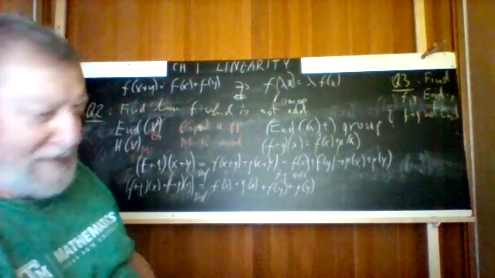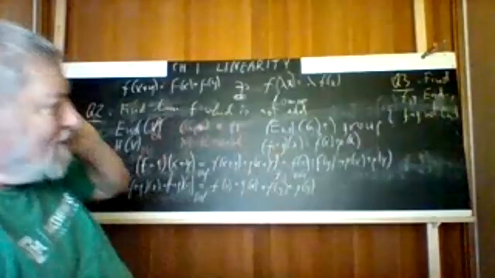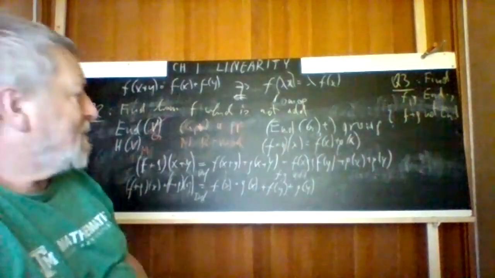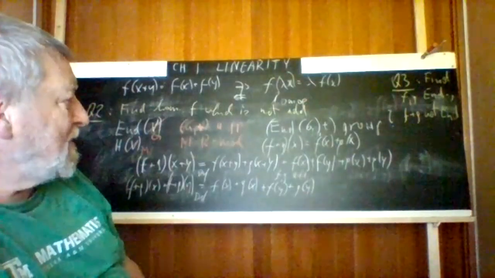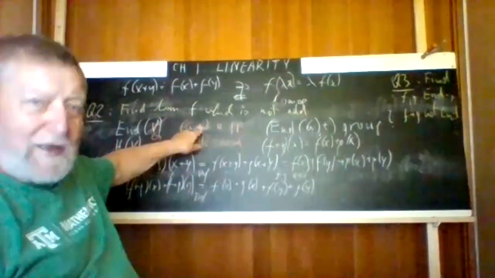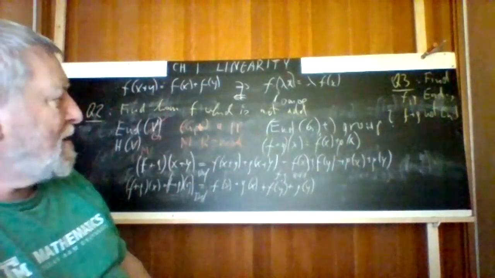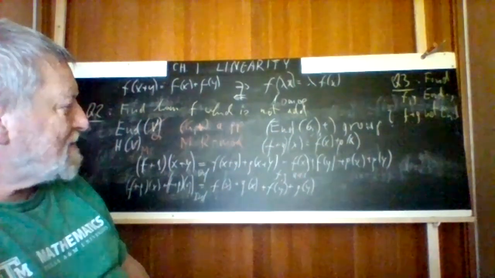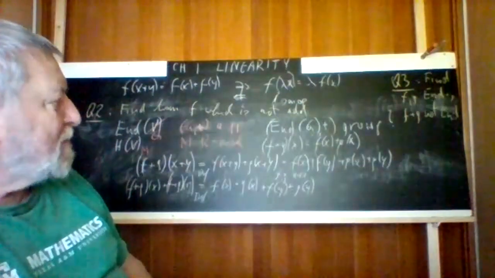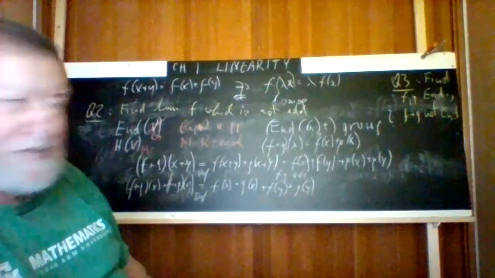Yeah, and so we see that we get here a group, but only if the addition in G was abelian, and then we can say for sure that also End of G has an addition which is closed, and so we can check the next things.